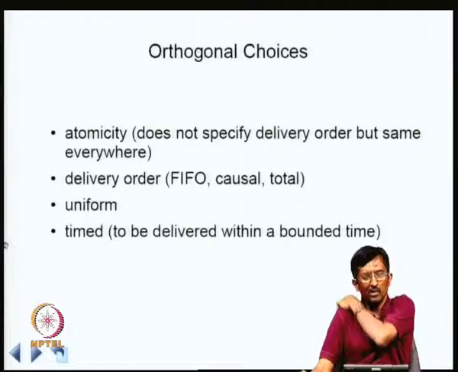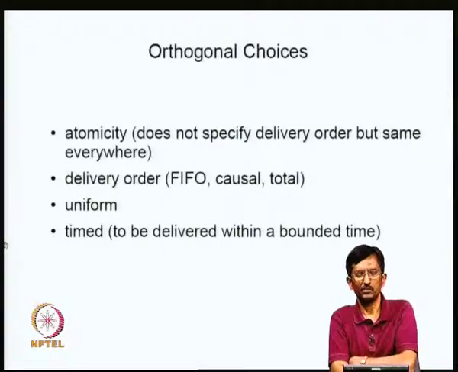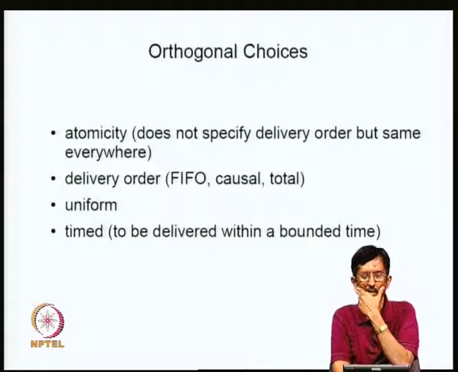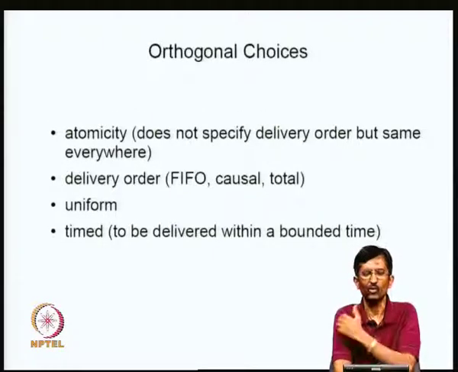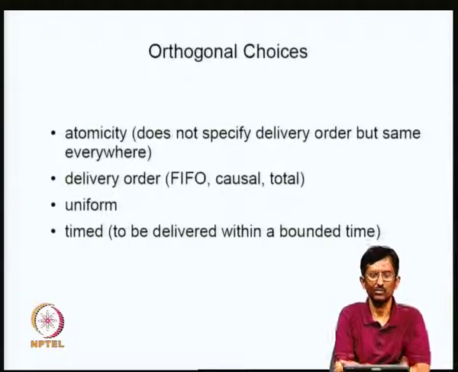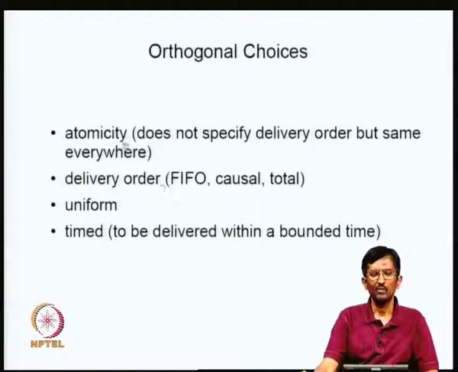Now, the important thing to notice is that there are a lot of orthogonal choices in the design of these kinds of messaging systems. For example, failure atomicity does not specify delivery order, and the delivery order could be FIFO, causal or total.